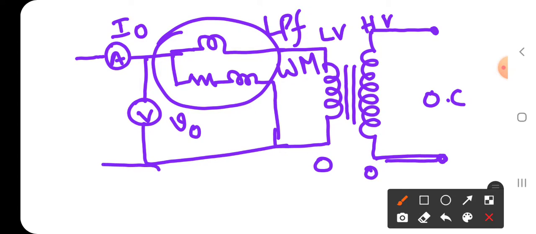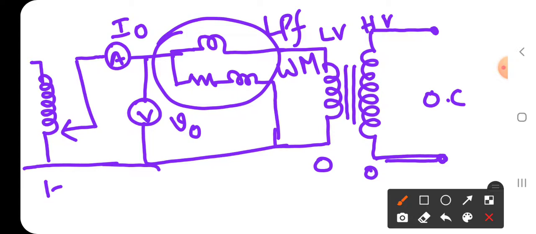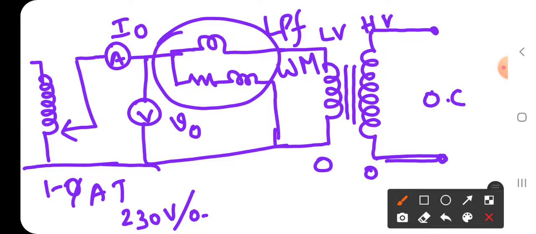This connection will be given to the auto transformer, a single phase auto transformer, whose rating is 230 volts by 0 to 270 volts.